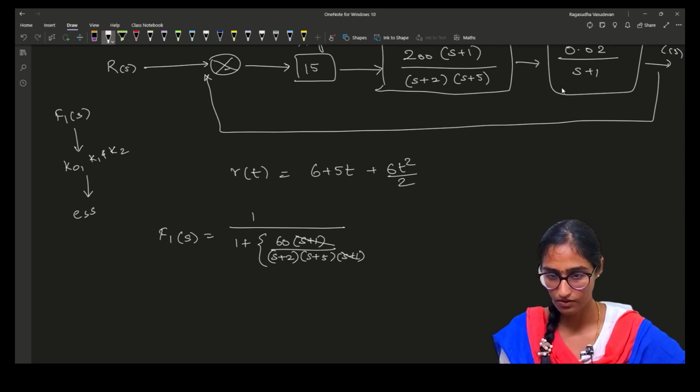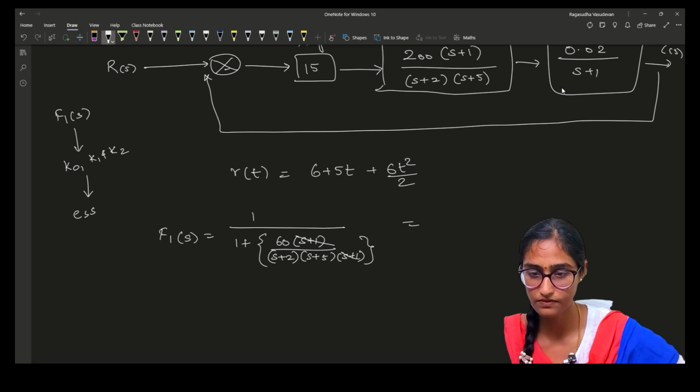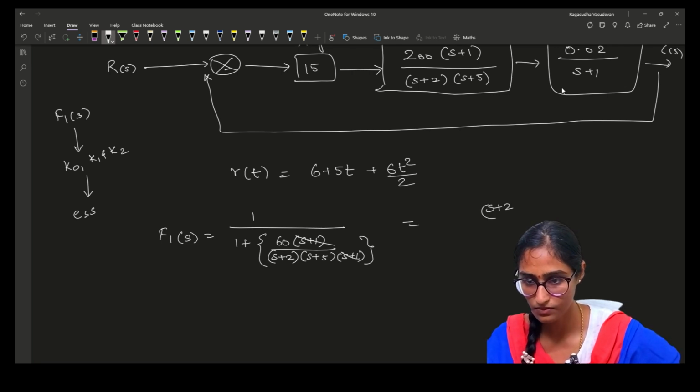You can simply cancel both of these. What is the plant transfer function? It is S plus 2 into S plus 5 divided by S plus 2 into S plus 5 plus 60.